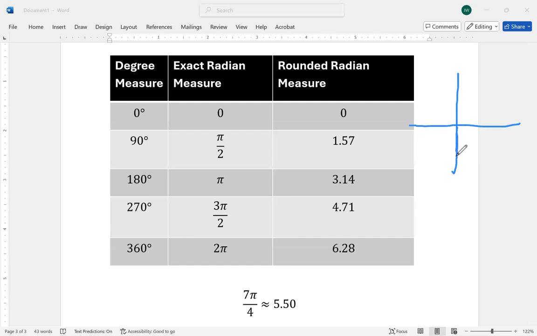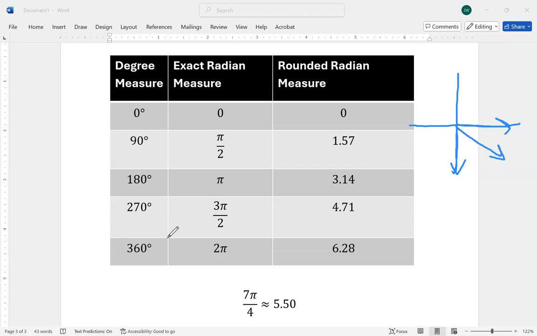So the 270-degree angle points down there, and 2 pi is along the x-axis. That means we're in this quadrant somewhere. Okay, so we're in quadrant 4 in that case. Because 5.5 is between 4.71 and 6.28, the terminal side is going to be shooting into quadrant 4.